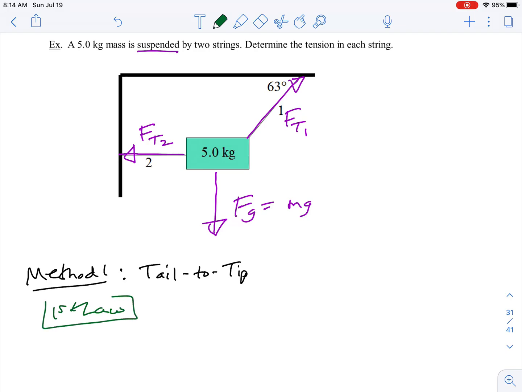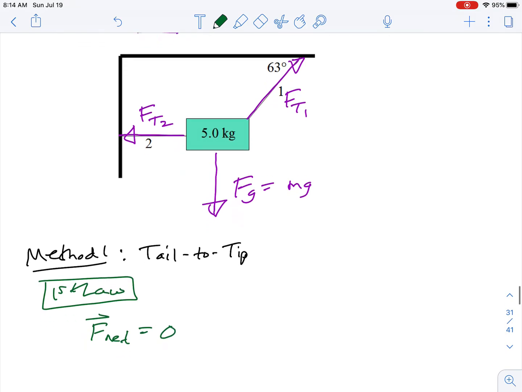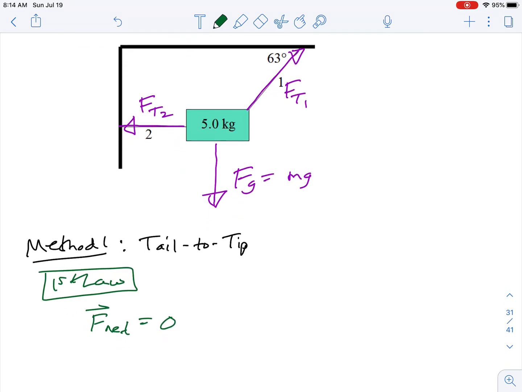For the tail to tip, all we write is that F net is equal to 0, which means if I add Ft1 plus Ft2 plus Fg, that should become what we call the zero resultant vector.